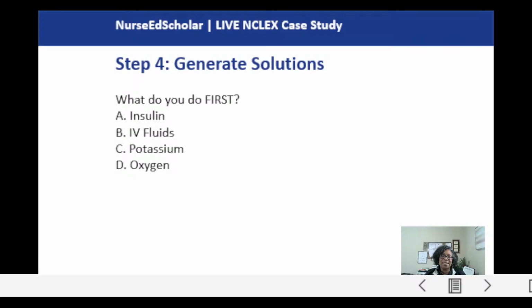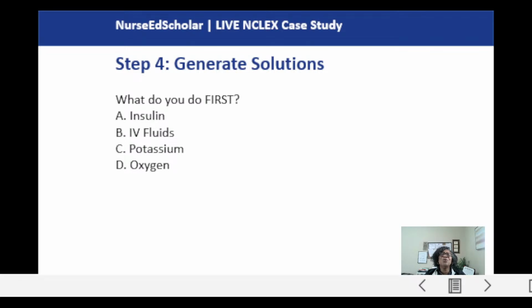This is priority. And the answer would be, hey, we're going to give IV fluids. And we're choosing IV fluids because the patient is severely dehydrated. And like I said before, and remember this, high glucose pulls water out of the cells. It causes massive fluid loss.